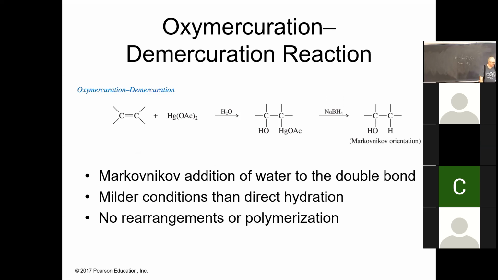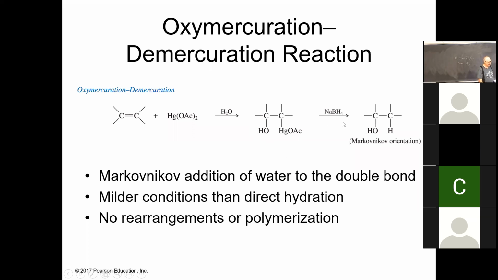This is another method of making alcohols from alkenes. This is called oxymercuration, demercuration. So we start out with mercury 2 acetate. And the intermediate is this acetoxymercurial alcohol.